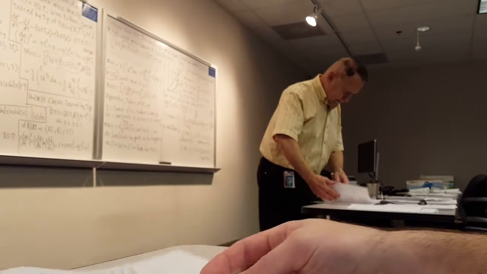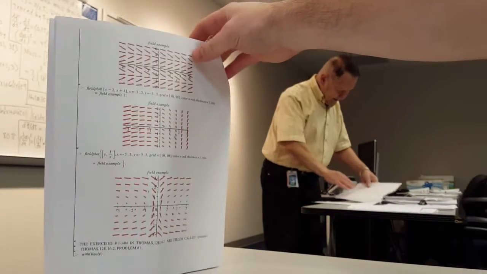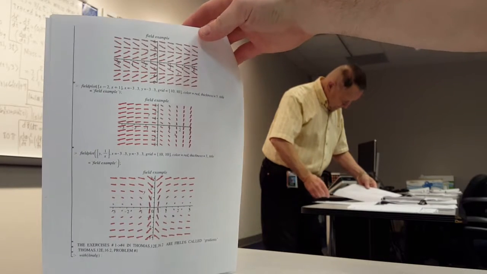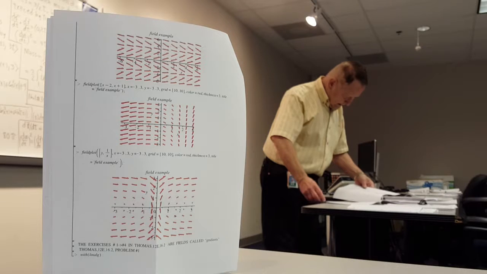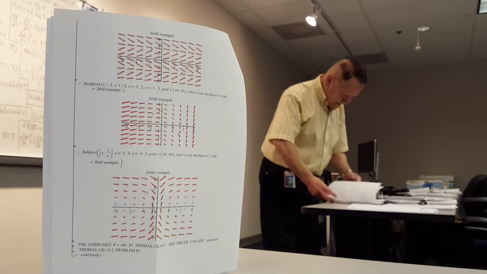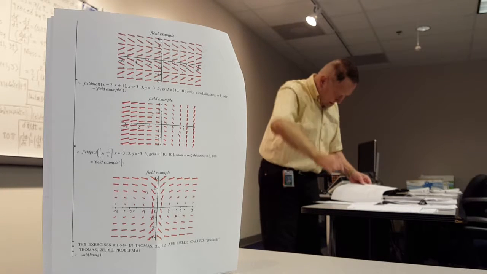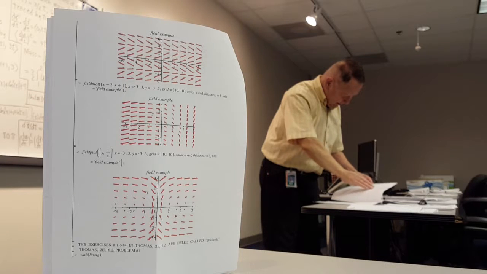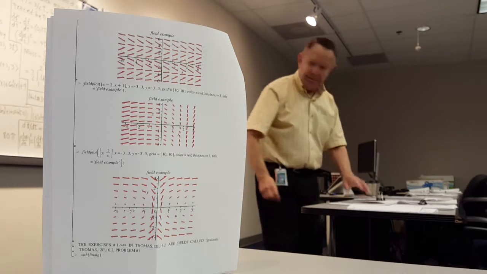I think that the third sheet of paper is backwards. The rest of this really goes with section 16.2, and these are fields where you see the field plot. So that goes with what we'll do tomorrow.